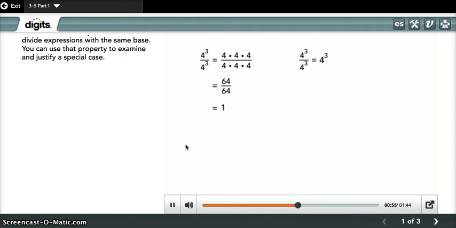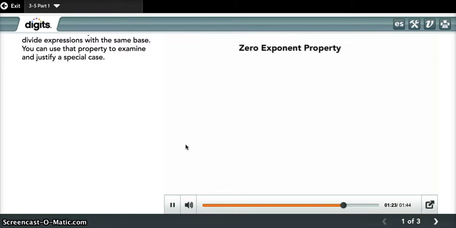Now, simplify the expression using the property for dividing powers with the same base. Remember, that means keeping the base the same and subtracting the exponents. 3 minus 3 equals 0, so the simplified power is 4 to the power of 0. You now have two different equivalent expressions that both equal 4 cubed divided by 4 cubed. This example illustrates the zero exponent property.